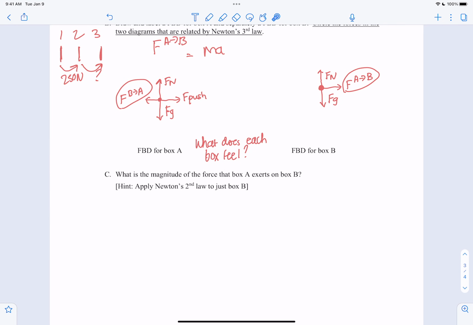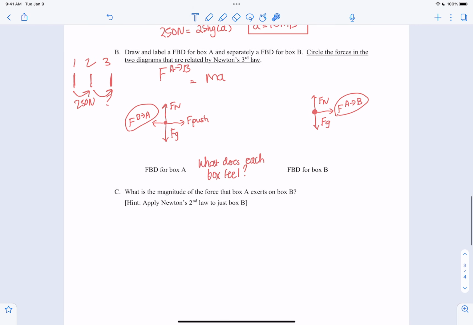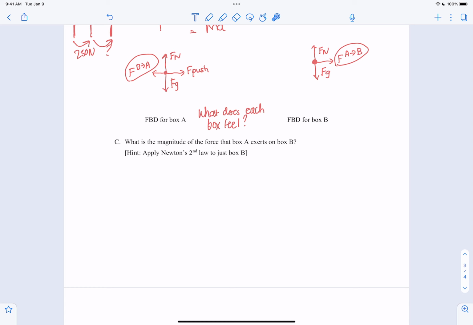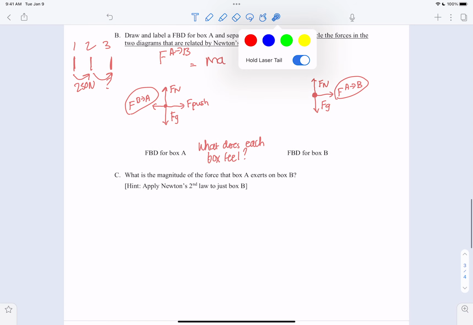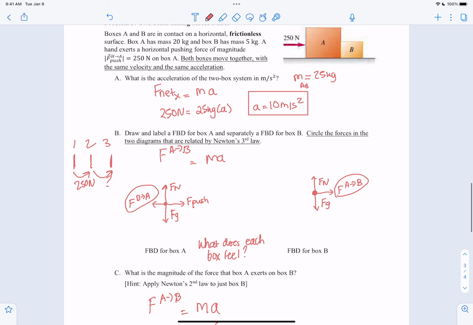All right, so hopefully that makes sense for part B. Part C says, what is the magnitude of the force that box A exerts on box B? So box A on box B is this force right here, force A on B. Mass times acceleration. The mass of box B is 5 kilograms, and the acceleration it feels is 10 meters per second squared.